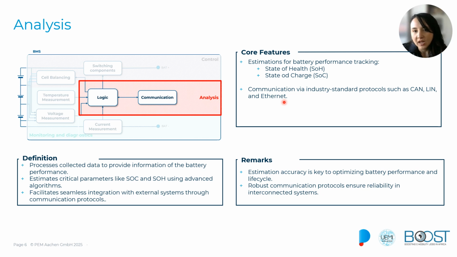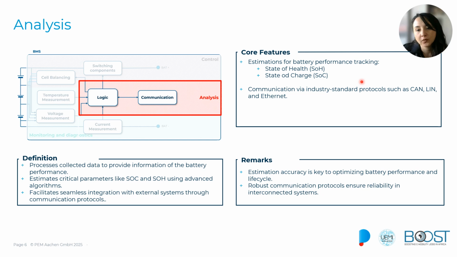In the core features, we have very advanced algorithms that ensure precise estimation of these parameters, and those precise estimations are what allow us to optimize the performance of the battery and, for instance, to be able to extend its lifetime.